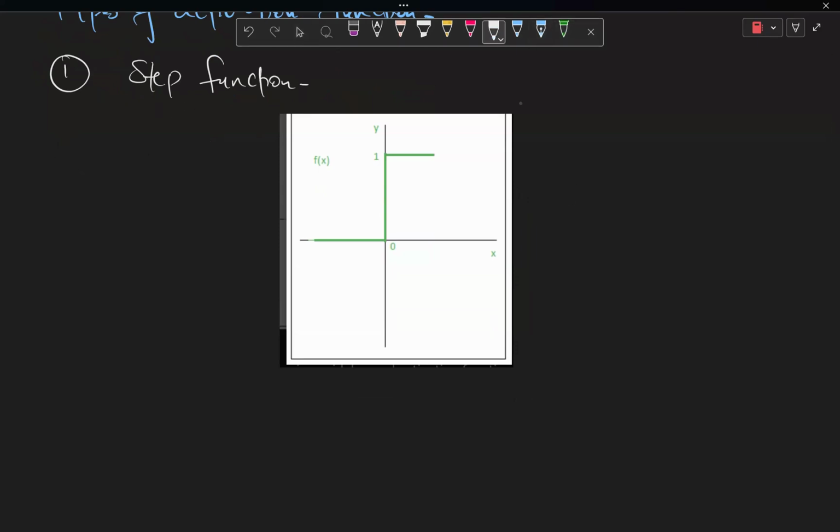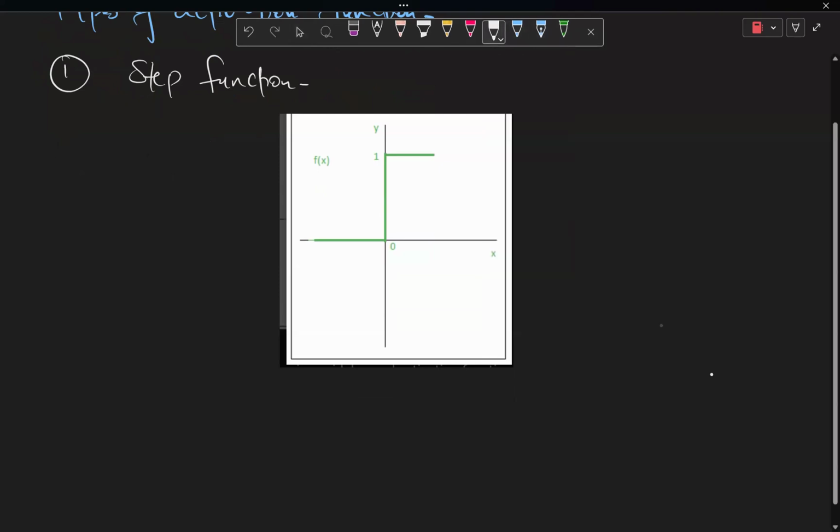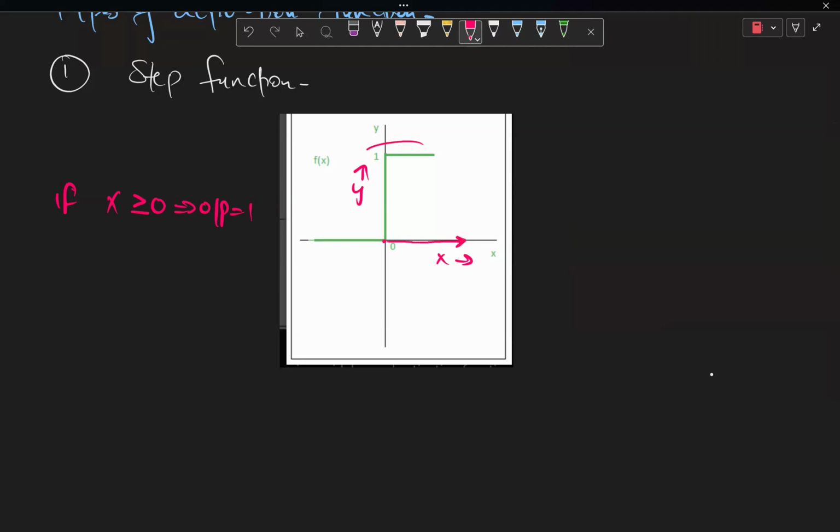Now, step function means, guys, look at the graph here. The simple condition is if your x is greater than or equal to 0, then output is 1. See, this is 0. This is the x-axis and this is your y-axis. If it is more than that, for that your y value is constant. For 0 and more than 0, the y value is 1.